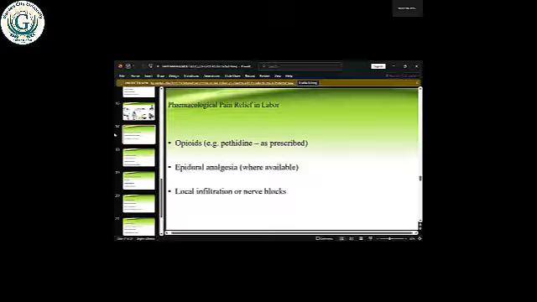Or there is also inhaling nitrous gas, mostly 50% nitrous oxide and 50% oxygen for the woman to inhale, which usually fades off within minutes or seconds. So these are some of the pharmacological pain management during labor. Thank you.